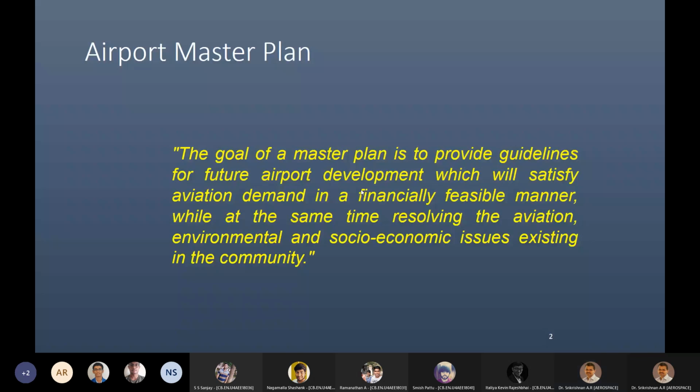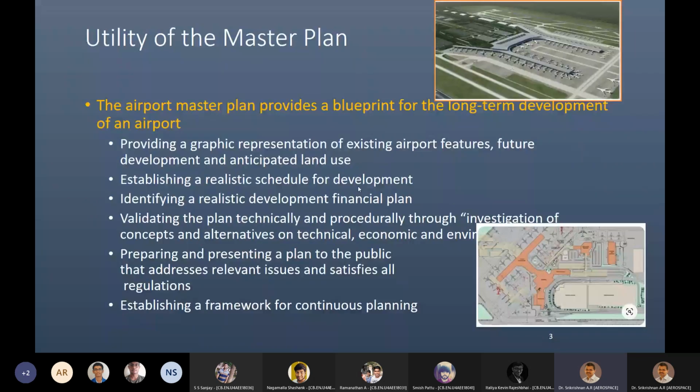So how is that useful? This slide was left out yesterday: the utility of the master plan. From a general perspective, the utility is very obvious. It provides a blueprint for the long-term development of the airport.